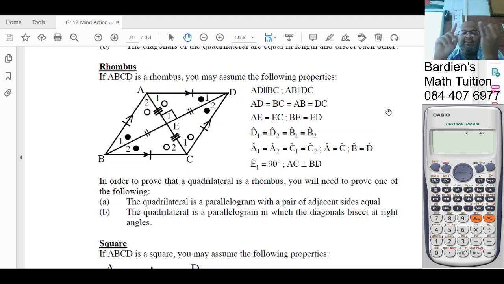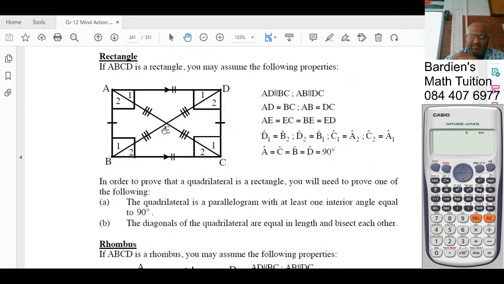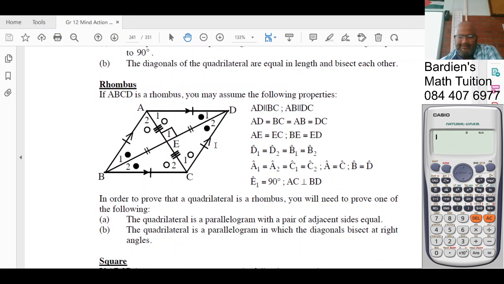The one is the rhombus, the other one is the square, and the other one is the kite. Did I mention all the properties here? Yes, I think I've mentioned them all.